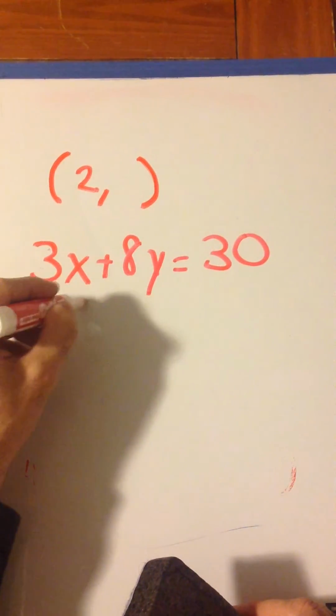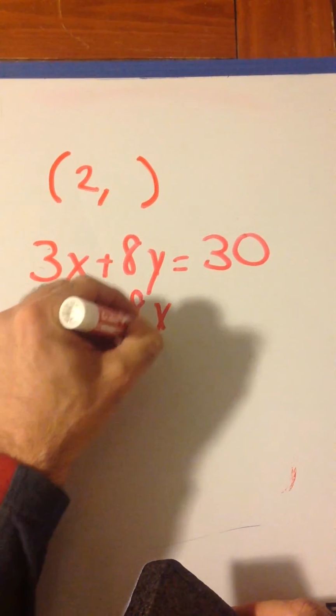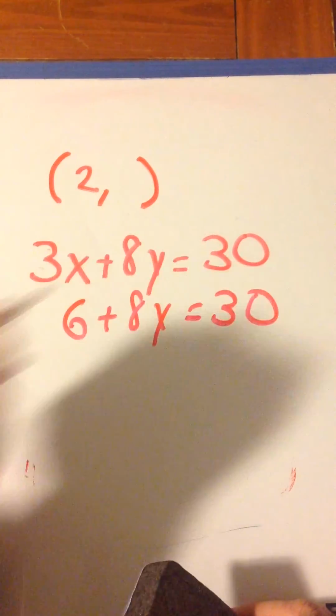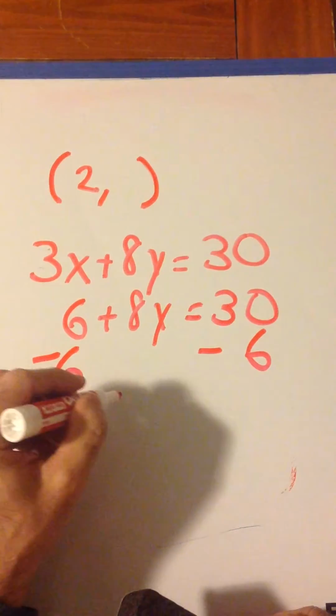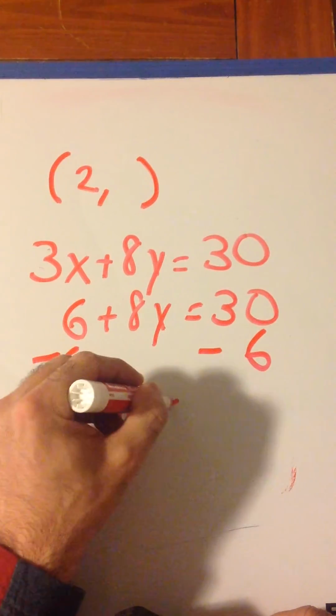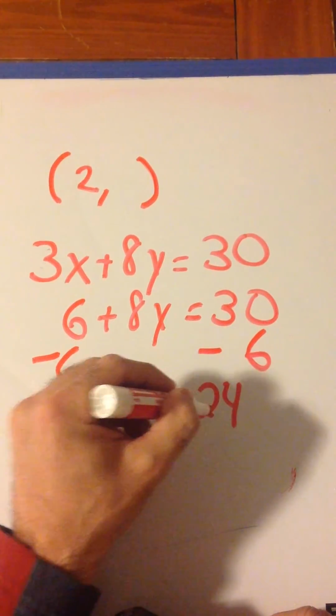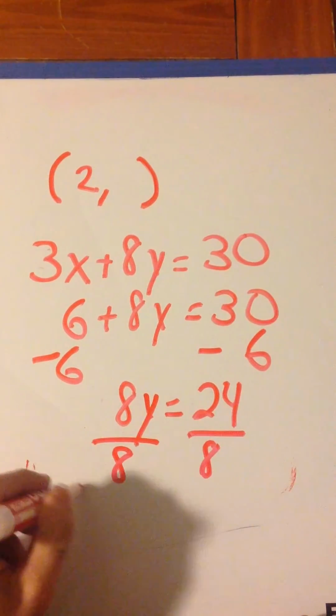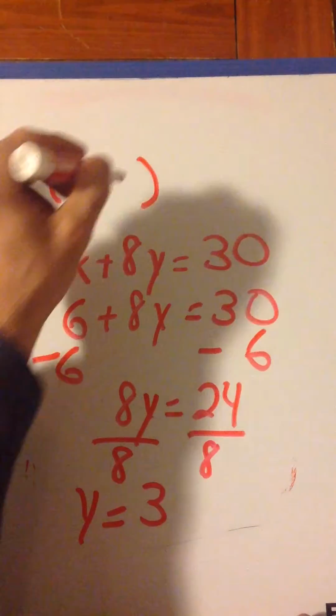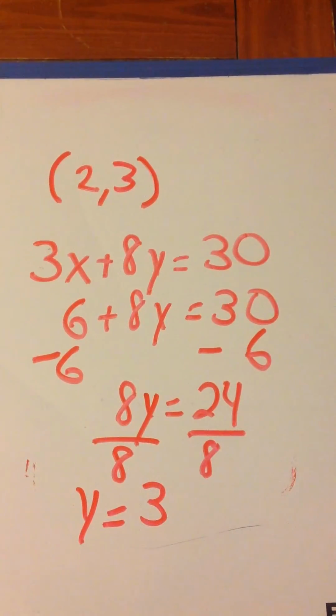Well, if x is 2, we're going to have 6 plus 8y has to equal 30. A little algebra, minus the 6 on both sides. And 8y has to equal 24. Divide the 8 on both sides, and we have our solution. Y is 3. So the solution is 2, 3.